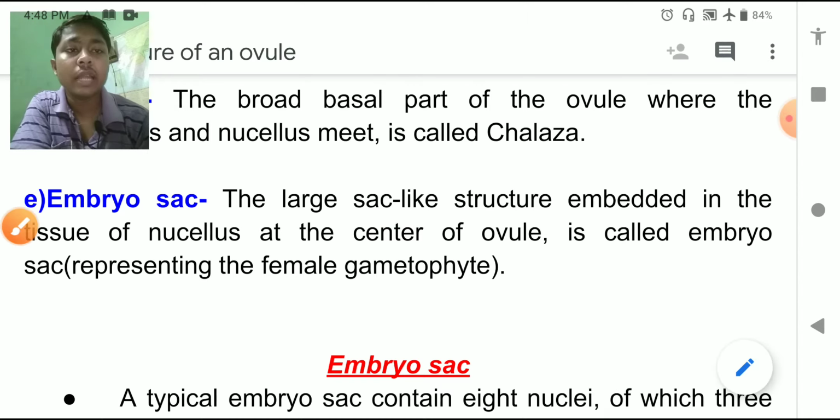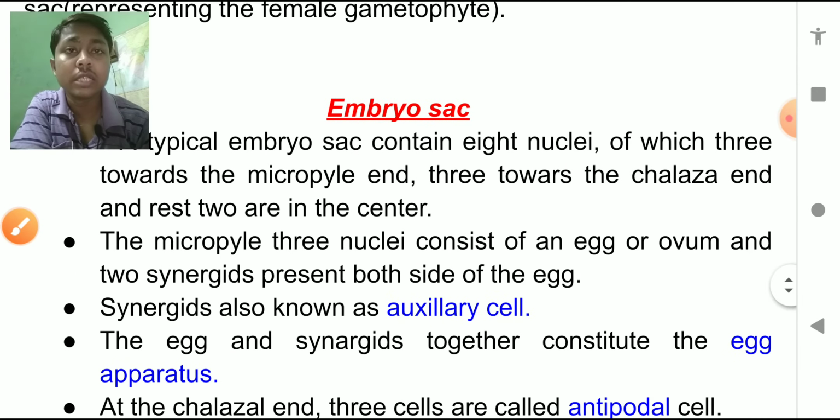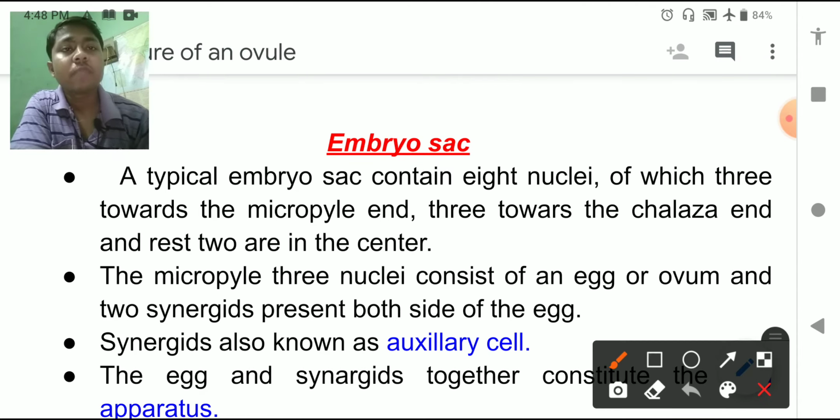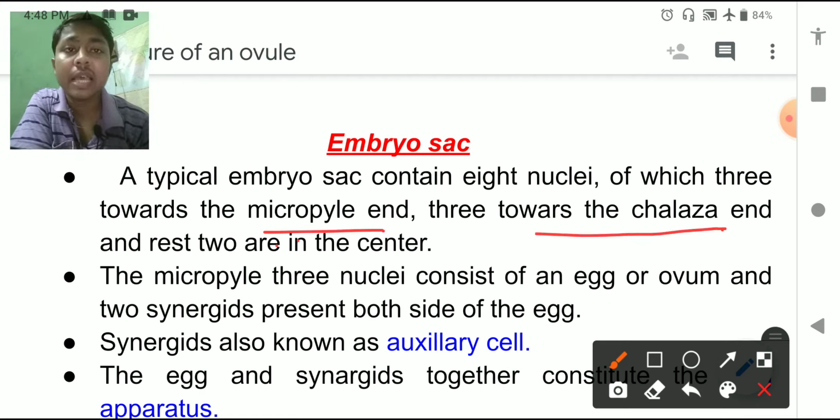Now we discuss the embryo sac briefly. The embryo sac contains 8 nuclei: 3 at the micropylar end, 3 at the chalazal end, and the rest 2 are at the center.